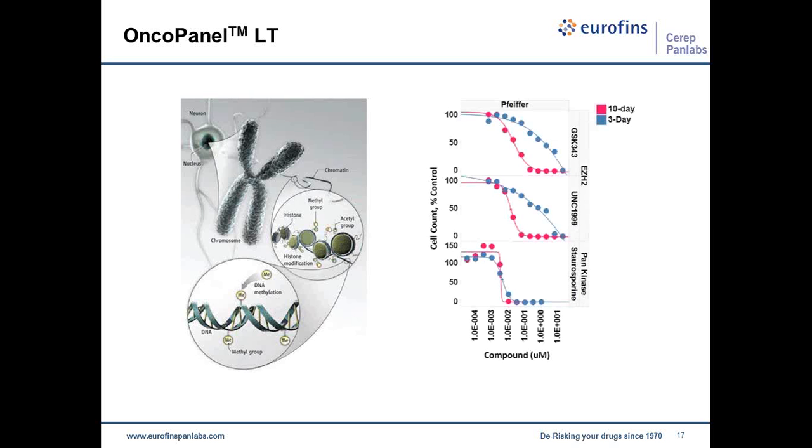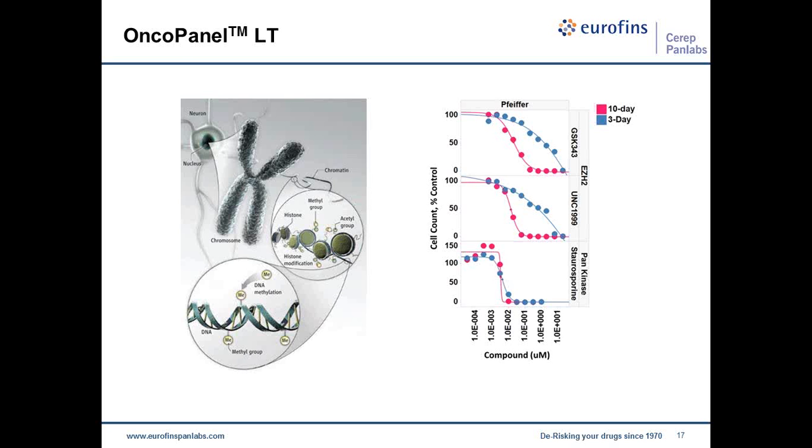An example of this is shown here. What we've done is taken advantage of two inhibitors of the histone methyltransferase EZH2. The first is GSK343, and the second is ONC1999. And we've tested these inhibitors in a cell line that bears the EZH2 mutation called Pfeiffer. These are a comparison of a 10-day and 3-day assay result.